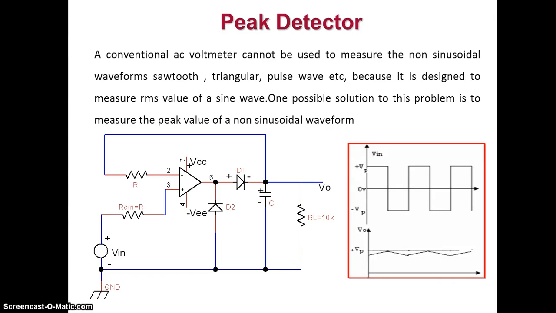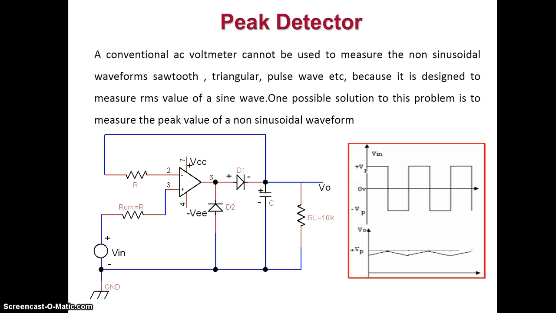The next application of operational amplifier is the peak detector. When you are using an AC voltmeter or a multimeter to measure the peak value of a sine wave, it will not give the peak value, but you are able to measure the RMS value of the sine wave.